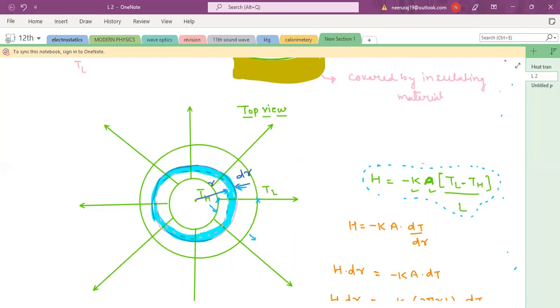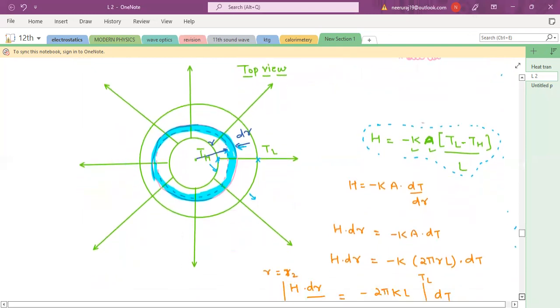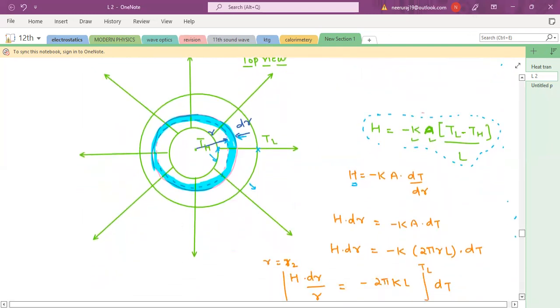And the same heat current should cross any cross-sectional area, because there is no accumulation of heat. The temperature is not changing; we are in the steady state. So throughout the cross-sectional area or throughout the length, the same heat will flow. So in this formula, H becomes constant.